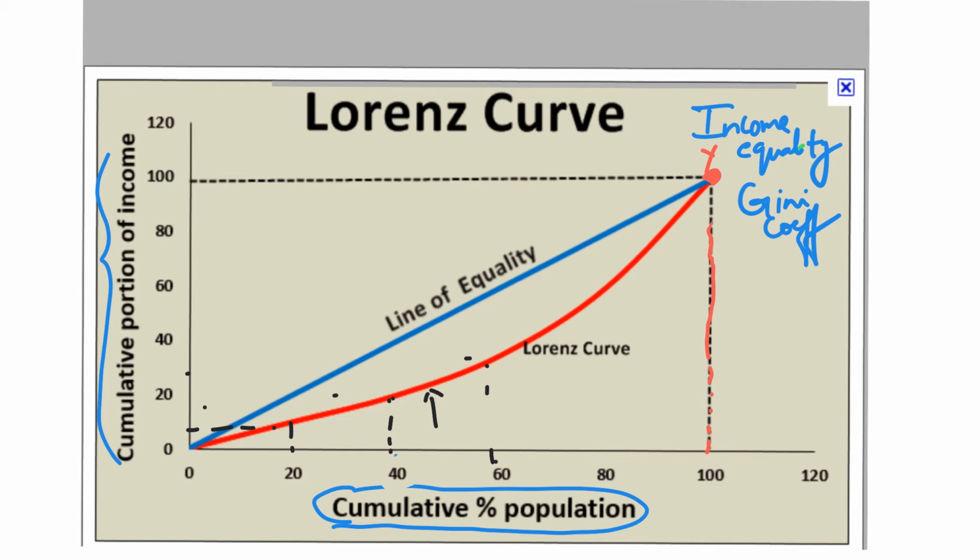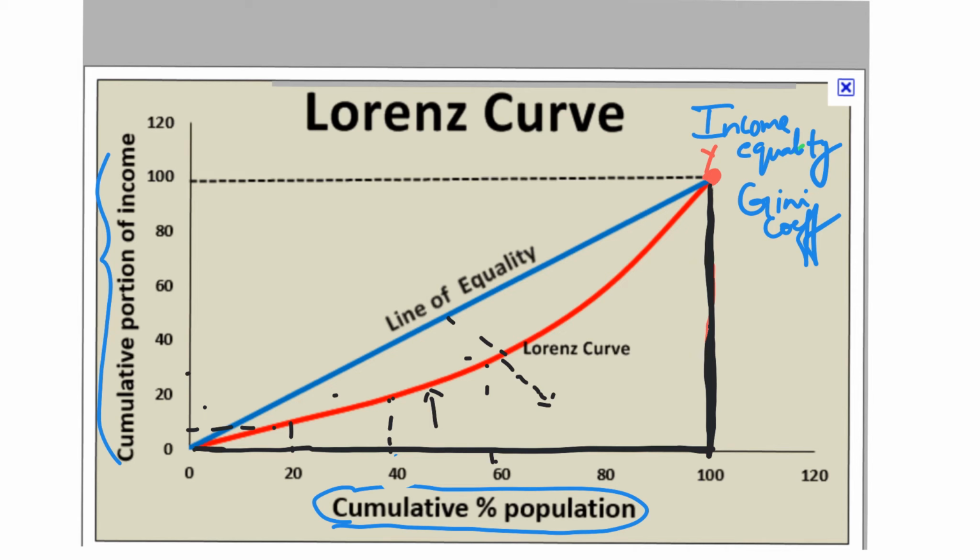As this Lorentz curve moves farther away from the line of equality, the inequality is going to increase. Let's take a hypothetical situation where this would be the Lorentz curve, this line which I am drawing now. This is the extreme one, the farthest point from the line of equality.